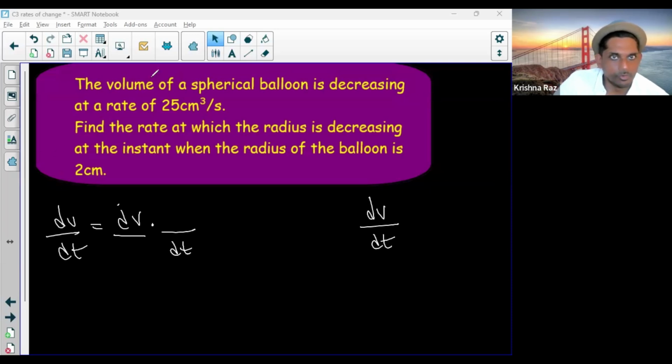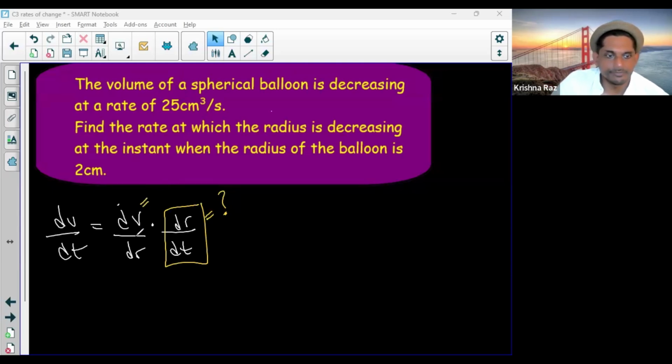Now I'm just looking for my third letter. Find the rate at which the radius is decreasing at an instant when the radius of the balloon is 2. Well, that's got r then, doesn't it? So find the rate at which the radius is decreasing. So dr by dt is the unknown.